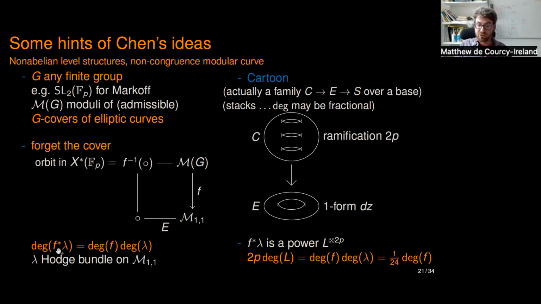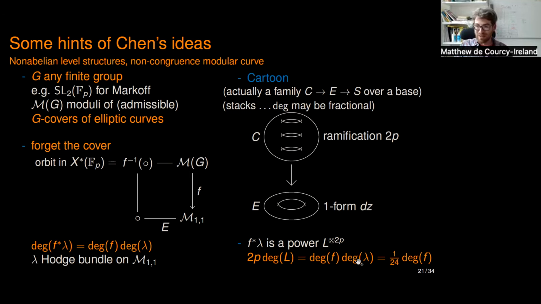So on the one hand, the degree of that is going to be the degree of F times the degree of the lambda you started from. But on the other hand, Chen shows that it's a 2p power. This line bundle on M_G is some other line bundle L tensored with itself 2p times, so that the degree is 2p times the degree of L. Comparing that to the degree of F times the degree of lambda shows that the degree of F is going to have to be divisible by p.